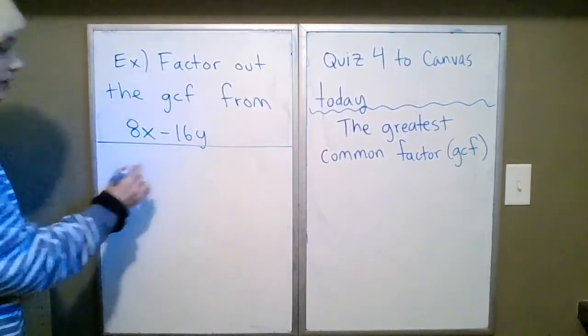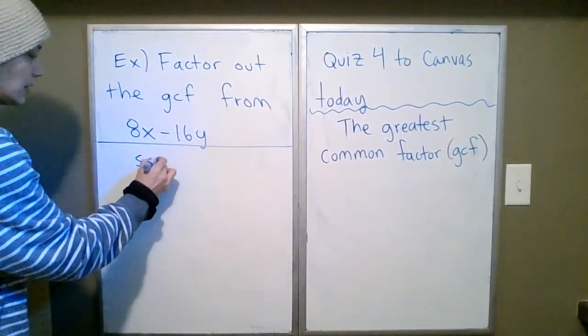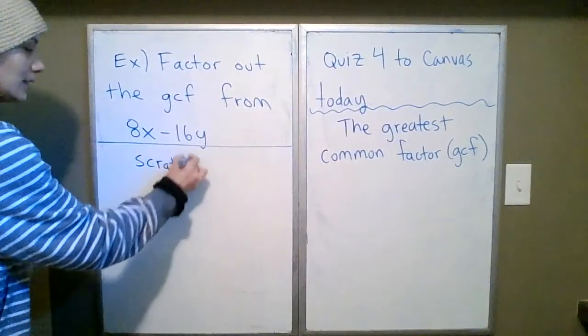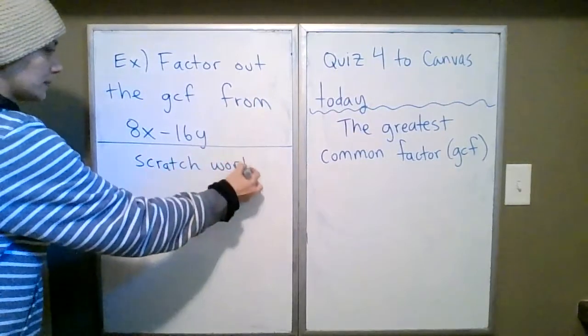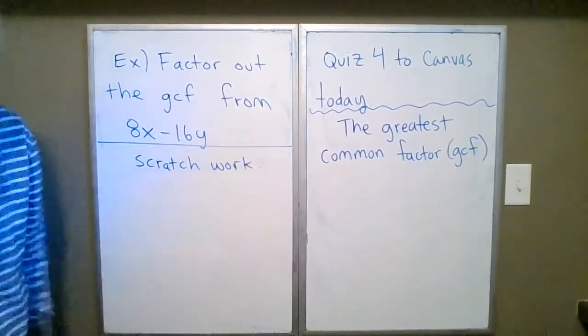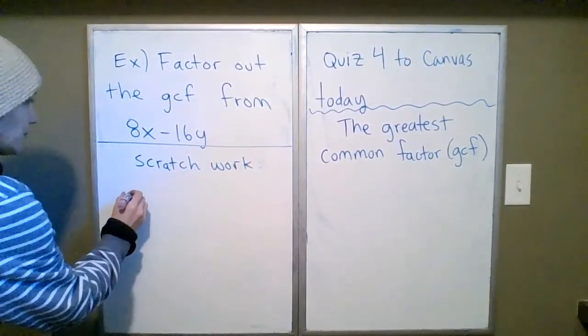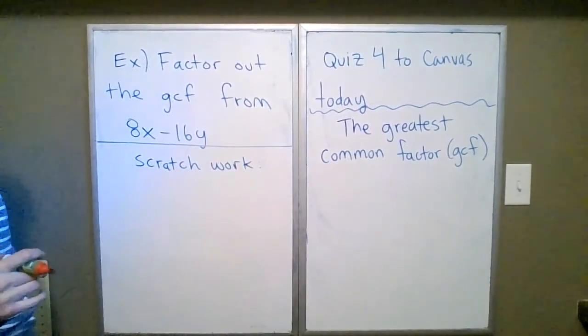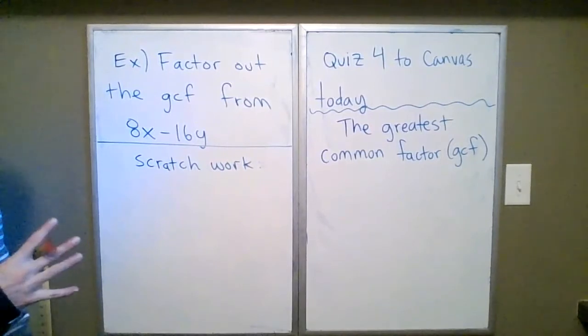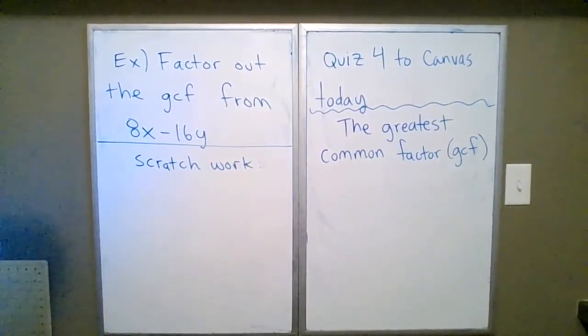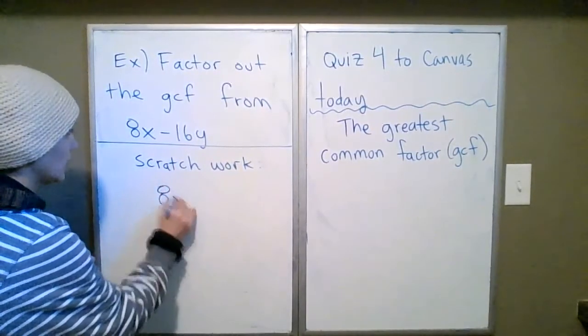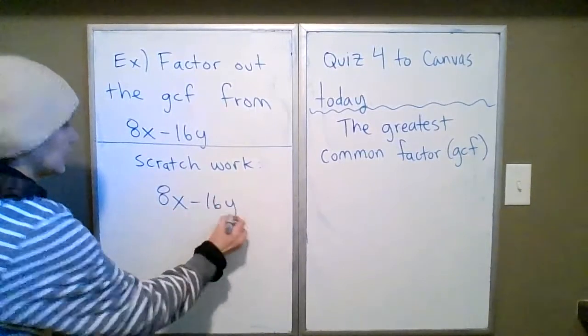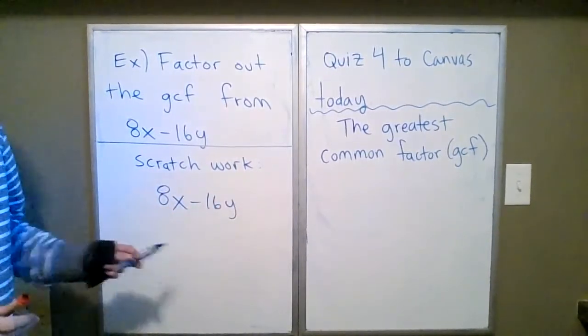I'm going to do scratch work first. So let's find the greatest common factor. Because I kind of need to work with it. We're going to factor each number.